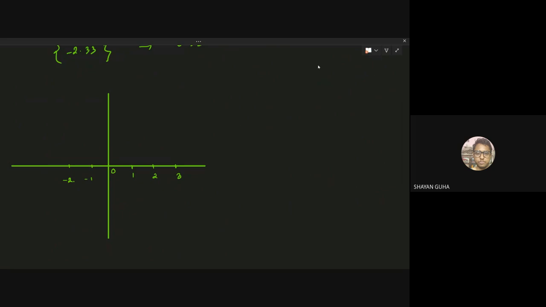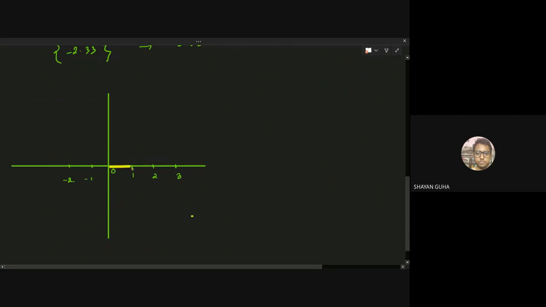So particularly for 0, the value of my step function will be 0. Any value greater than 0 and less than 1 will be around this range only. Sorry, if it's not visible, let me just increase its size. From 0 till the point touching 1, this value will be 0.